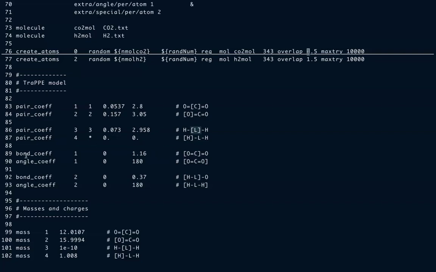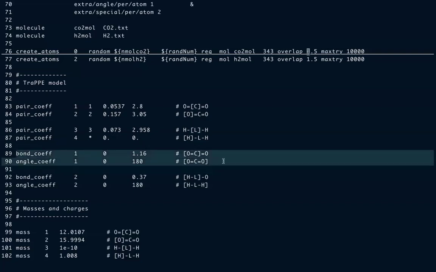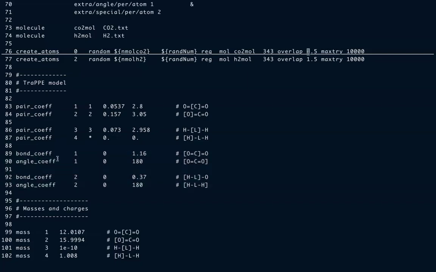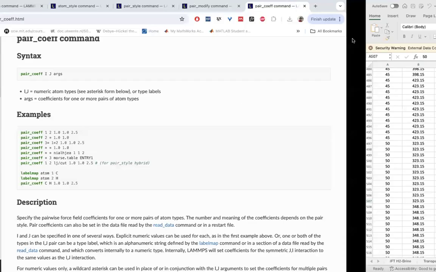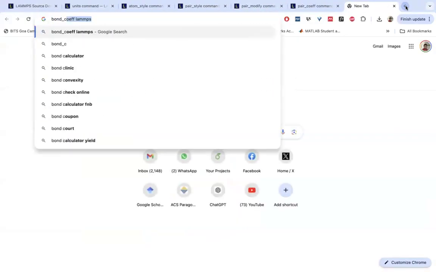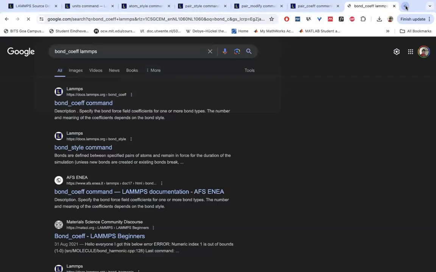Now, here the molecules are not flexible. So strictly these are not required, but what's important to note is that you need to specify the bond length, and the bond length is already specified, which is 1.16. So you can see how the bond coef is defined.